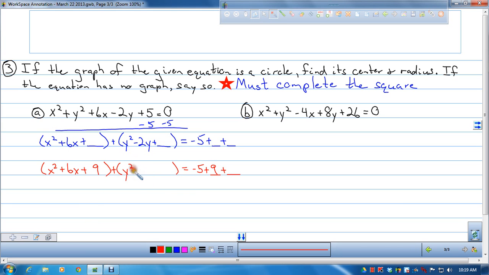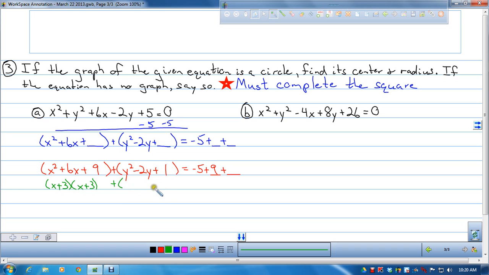Now I've got y squared minus 2y plus something. Take negative 2, divide it by 2. I get negative 1. I square it. I get a positive 1. Now it's just a matter of factoring. This is a perfect square trinomial, which would be x plus 3 times x plus 3, right?